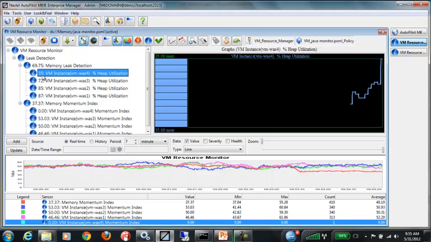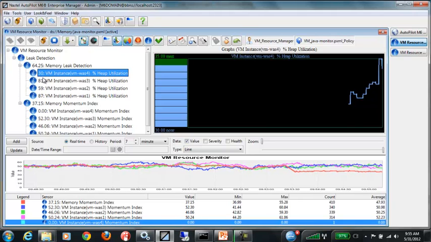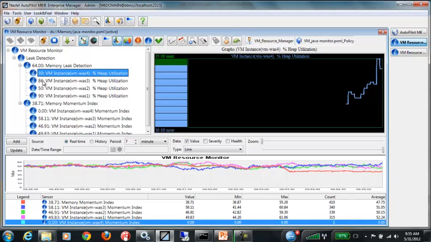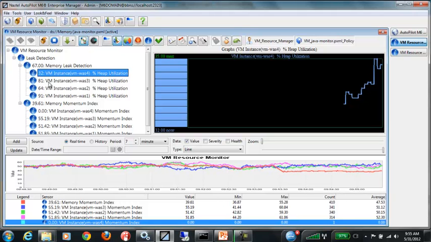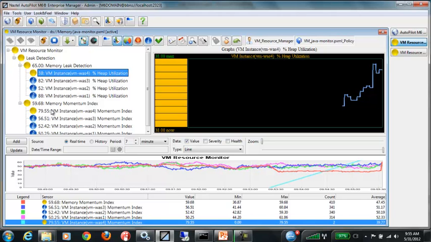Now we went to 35% utilization. In this case, the application could still be accumulating resources, or hoarding resources. We moved from about 17% to 30% utilization. As you can see, these VMs are running at a much higher heap utilization. We'll see how AutoPilot is able to detect this leak.